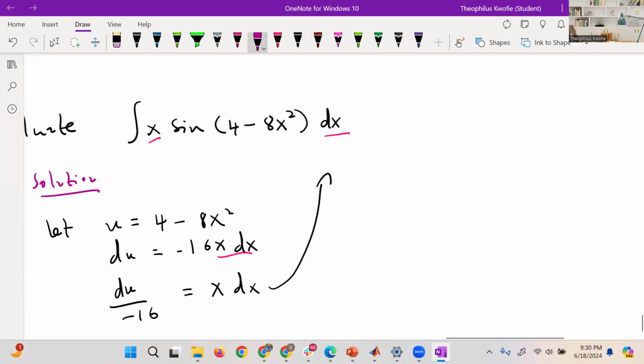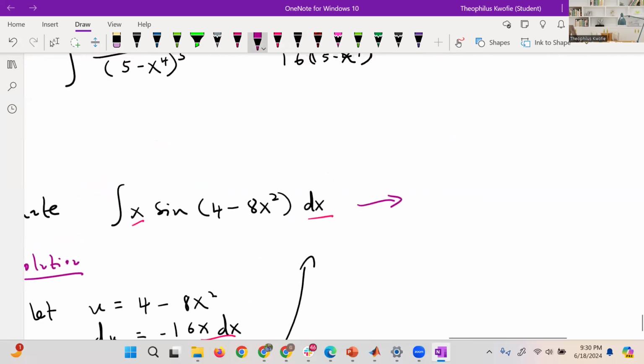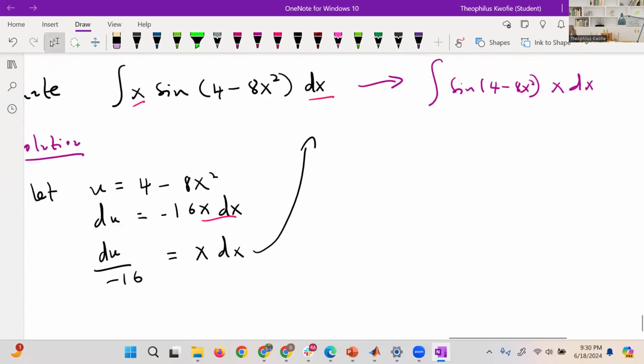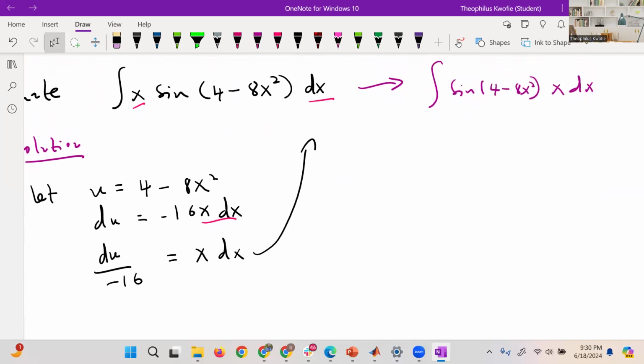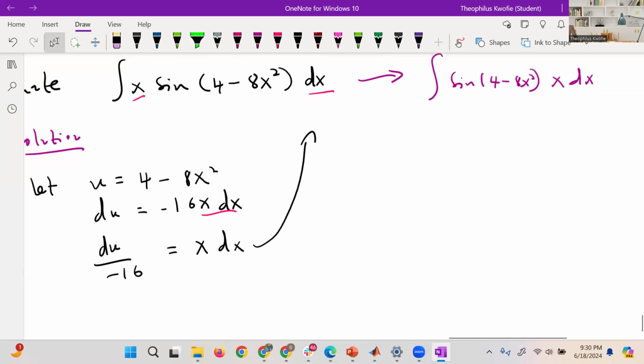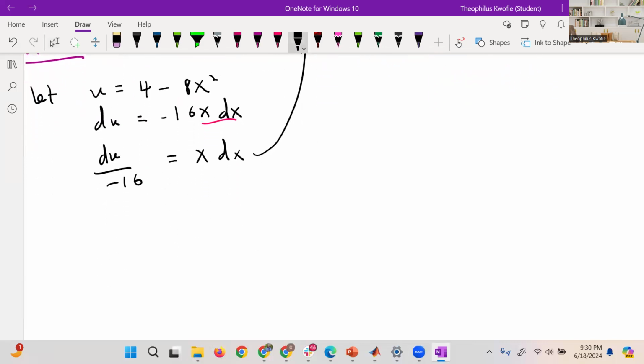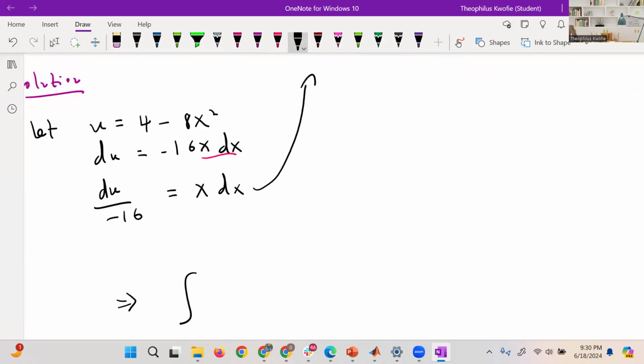So we can also rewrite this as sine of 4 minus 8x squared times x dx. Since we have that, it makes sense that we utilize it.